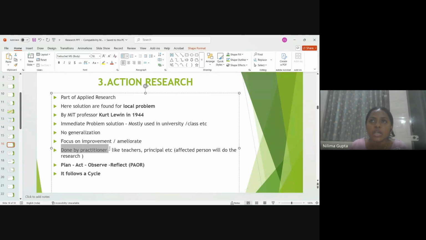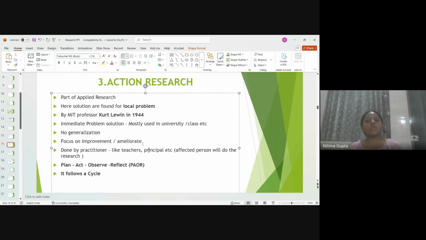Action research is mainly used in the education sector, and it is mostly used by teachers, principals, and otherwise action research is carried out by any person who is affected by the problem and is going to find the solution to the problem. That is action research. Mostly it is used by teachers and principals.